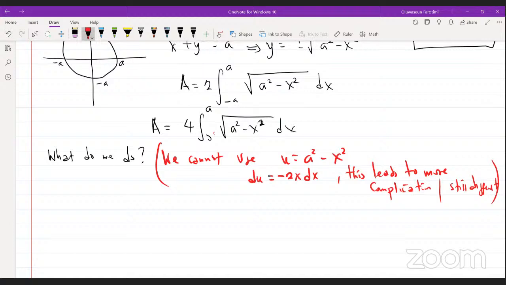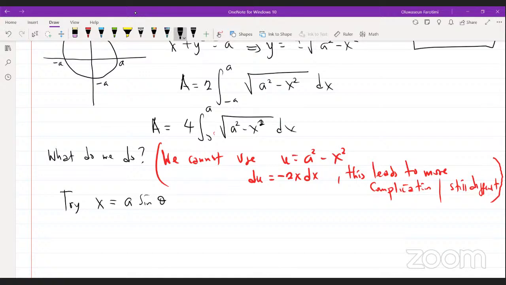So we have to think outside of the box. That's the idea of trigonometric substitution, where you use trigonometry to obtain solutions to integral problems. So let's go from there, guys. We can actually try a substitution like x equals a sine theta.